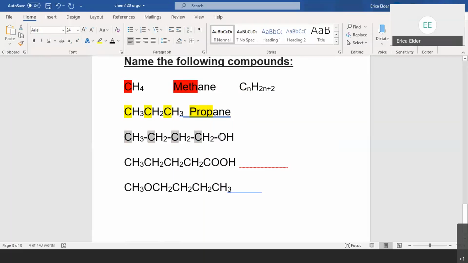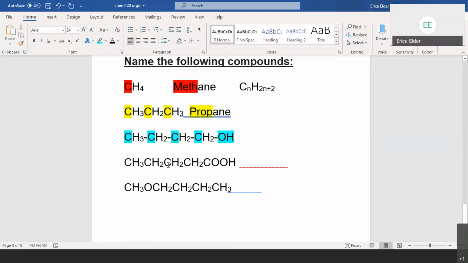So I know that I'm going to be dealing with but according to my chart for the number of carbons. So here, that's going to be the basis of our name. So we're first beginning with but. Also, we have our functional group here. So we know that that is going to be our anomaly this time.